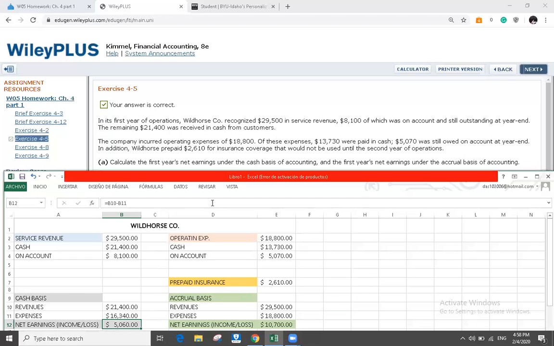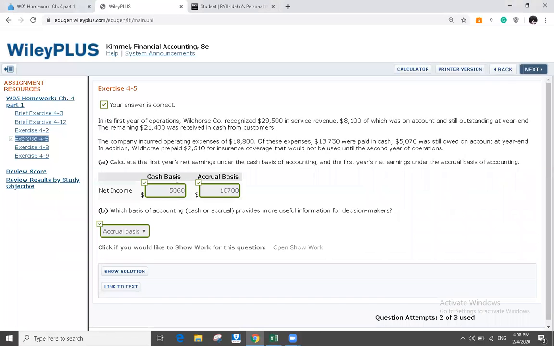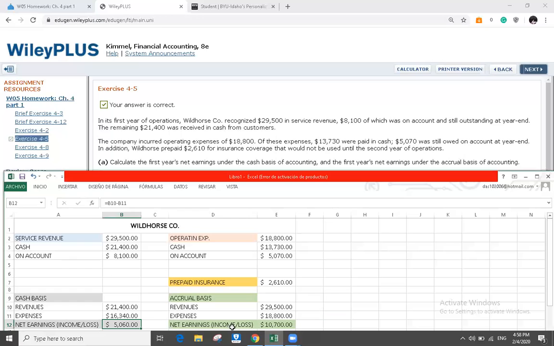And when we go to the answers, you can see that net income for cash basis is 5,060 and accrual basis is 10,700, just as we had here on our calculated Excel sheet.